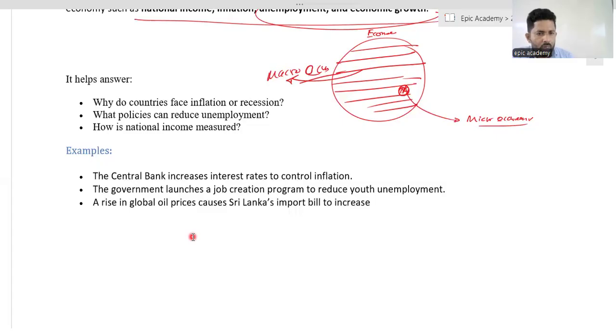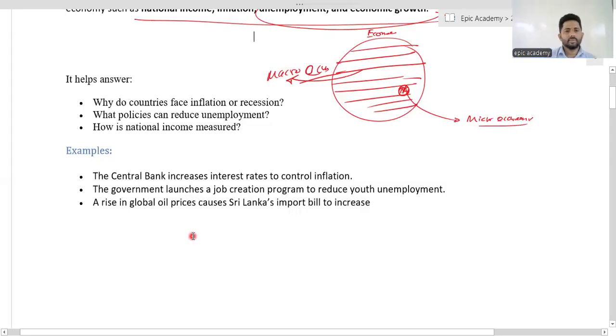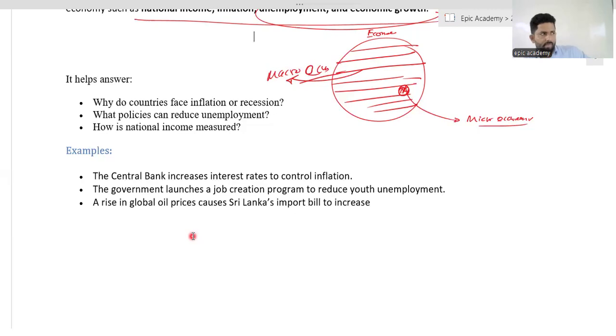A rise in global oil prices causes the Sri Lankan import bill to increase. Yes, because of the increase of oil prices, transportation cost increases, and the exchange rate increases. So what happens to the import bill?